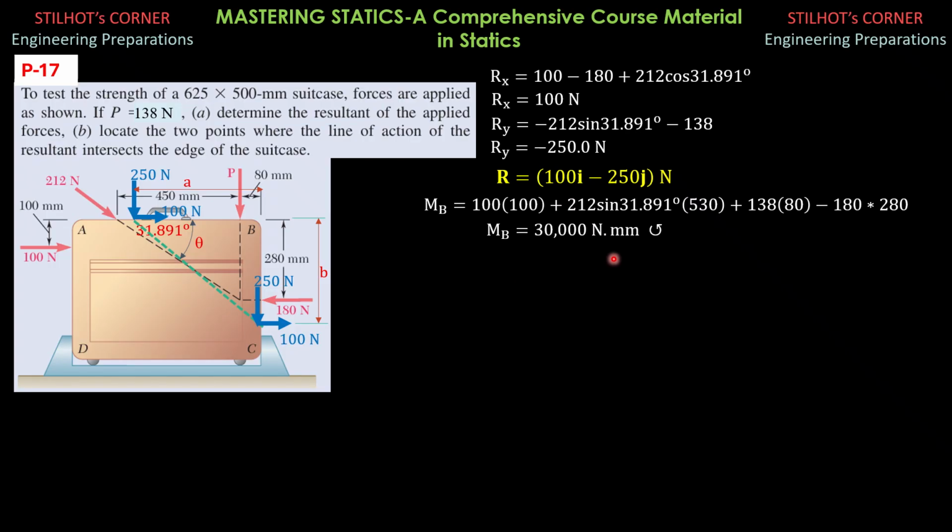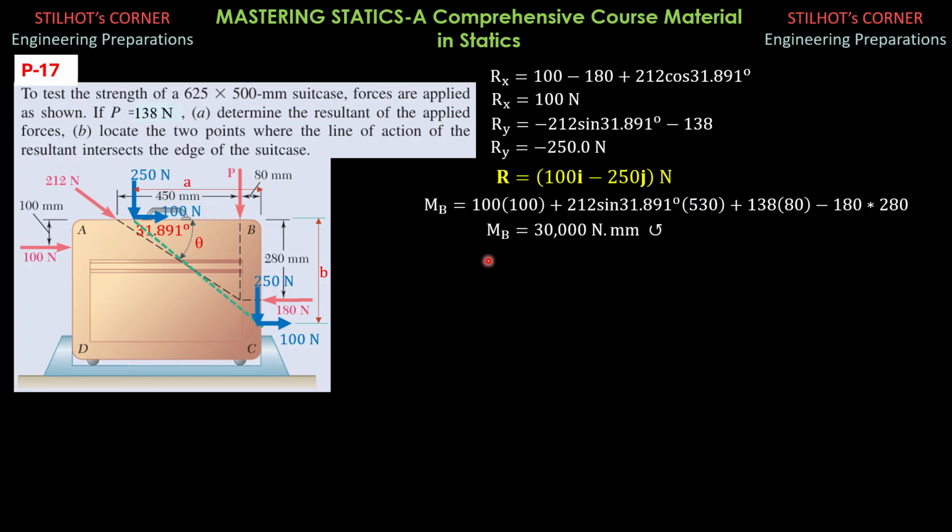Then by Varignon's theorem, if the force is here, the 100 Newton force passes through B, so it has no moment. 250 times A, that's counterclockwise. Then if the force is moved here, the 250 Newton force has no moment, only the 100 Newton force has moment. And its moment is 100 times B, and it is also counterclockwise.